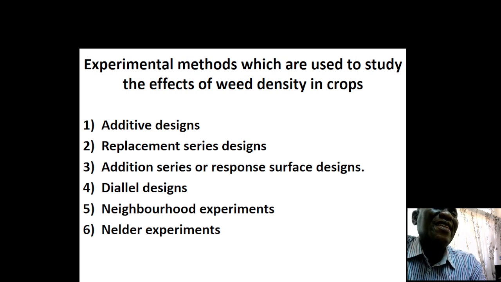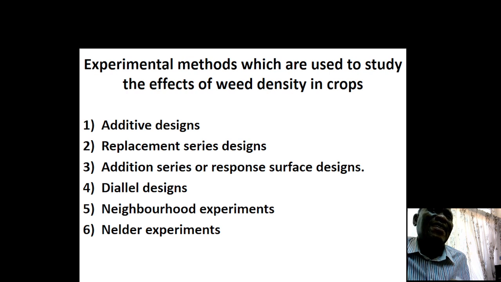We started with additive designs, which are, I think, more realistic and more informative. Relative replacement series designs. Anyway, for the additive designs, we are interested in determining the weed control threshold.